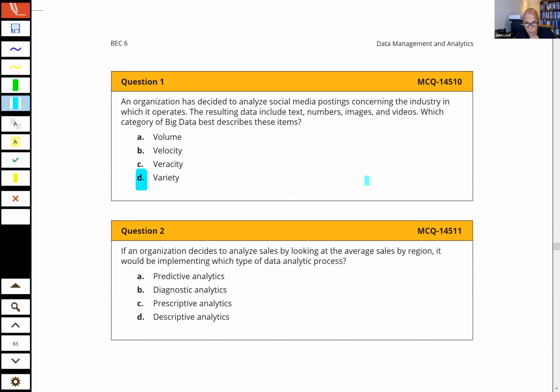They're talking about the different types of data, videos, images. Velocity is the speed. There's nothing here that mentions speed. Veracity is the reliability of the data. I don't think anybody picked veracity. Variety, obviously. When we're talking about a variety of types of data, that is variety, right?